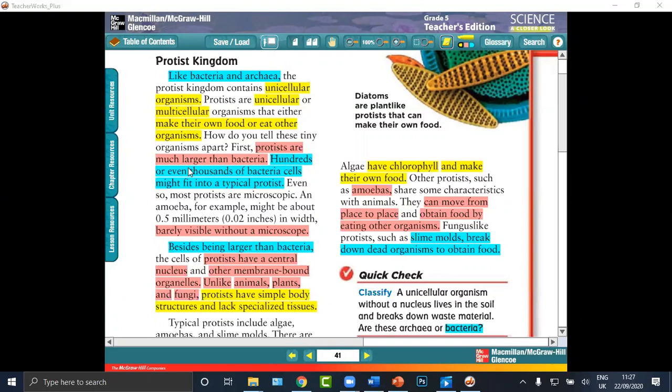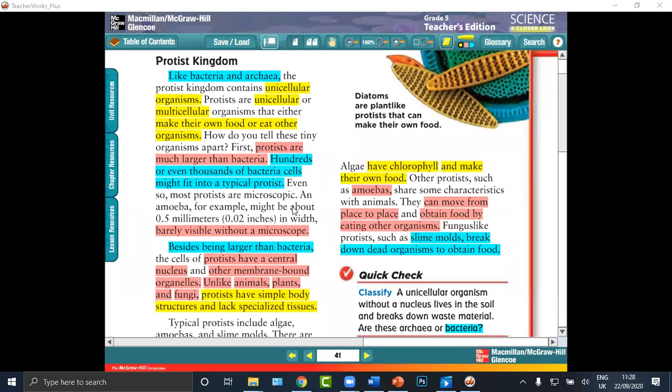Protist-like, bacteria and archaea contain unicellular organisms. Protists may be unicellular or multicellular organisms and make their own food or eat other organisms. They are much larger than bacteria.